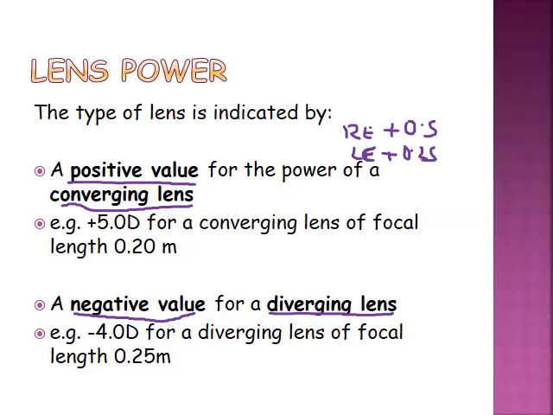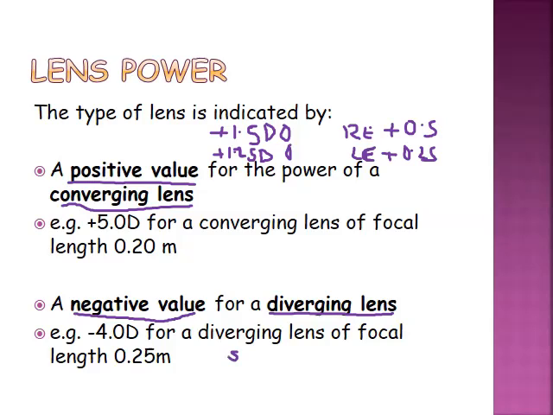I think I'm about plus 1.5, so I have a converging lens because I'm long-sighted, with a power of plus 1.5 diopters. I think my left eye is about plus 1.25, so again a converging lens, slightly less strong. So this one would be less fat, and this one would be fatter. You get a negative value for a divergent lens.